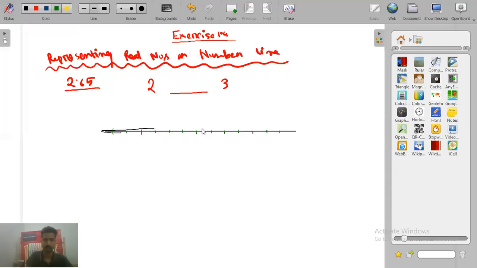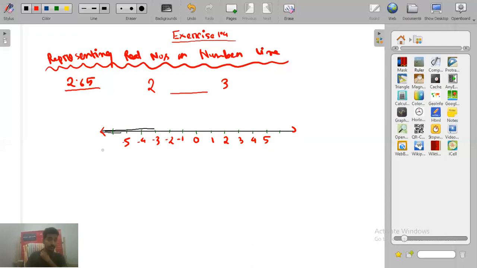So this is your number line. Suppose this is your 0, this will be your 1, this will be your 2, 3, 4, 5. Yes or no? And here it will be -1, -2, -3, -4, -5. These things you know. Now see, we are asked to plot 2.65.